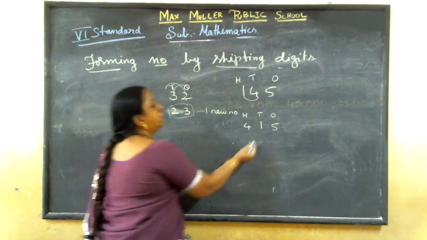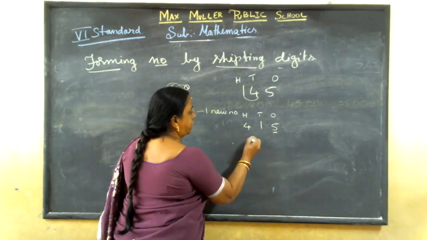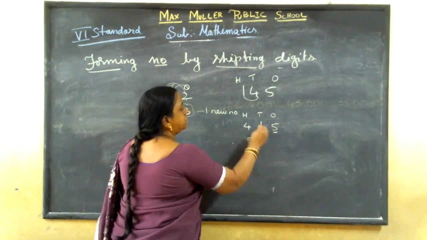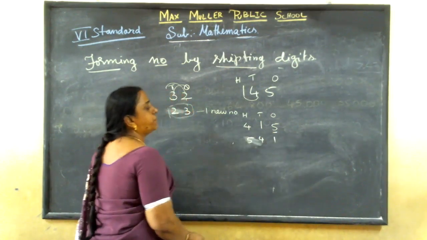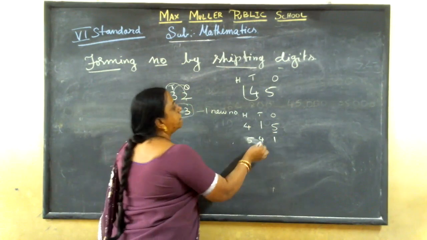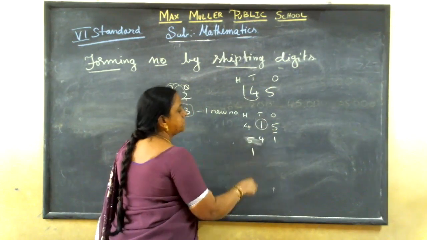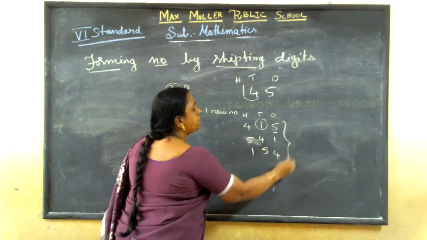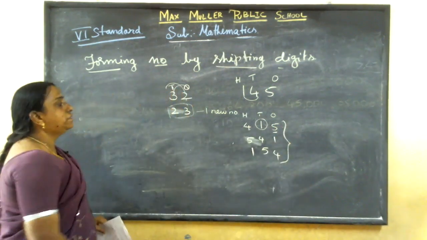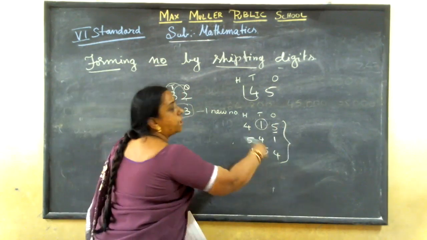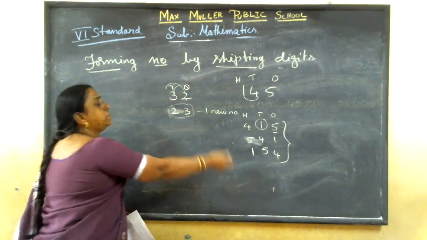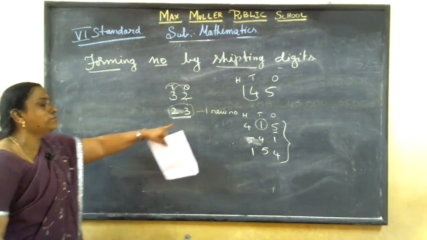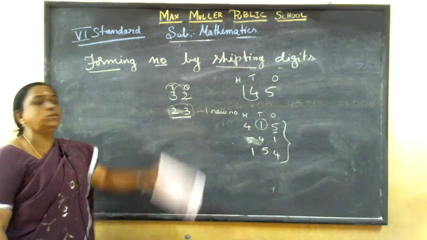Again I will take 5 in hundreds place, 4 in tens place, then 1 in ones place. So 541. See here, many numbers we can form if you interchange a 3-digit or 4-digit number. But if you interchange a 2-digit number, we can form only one new number.